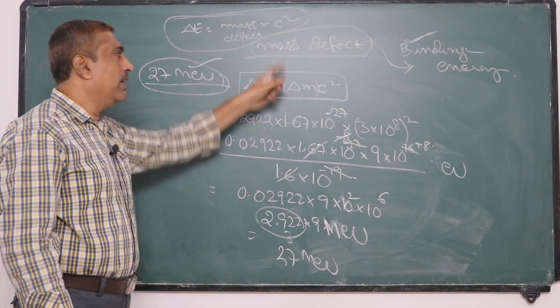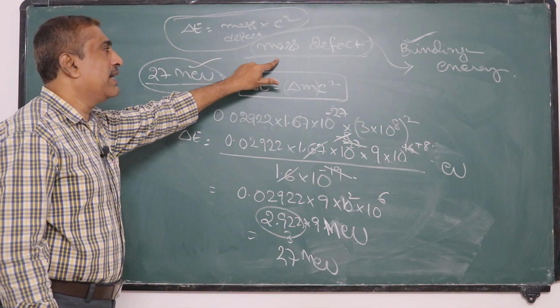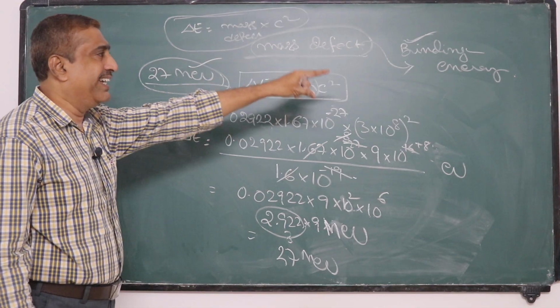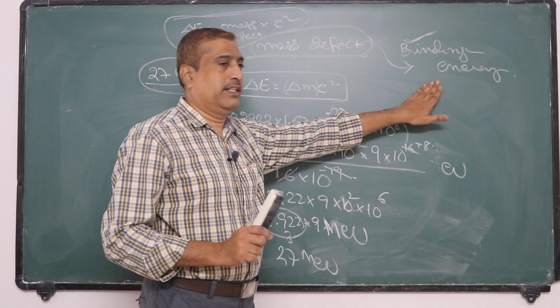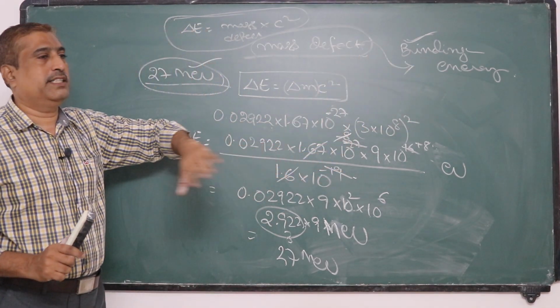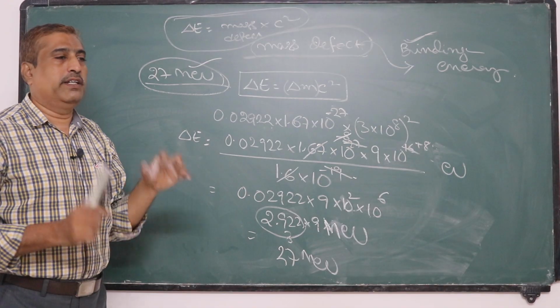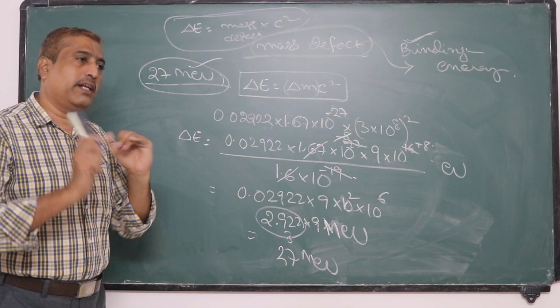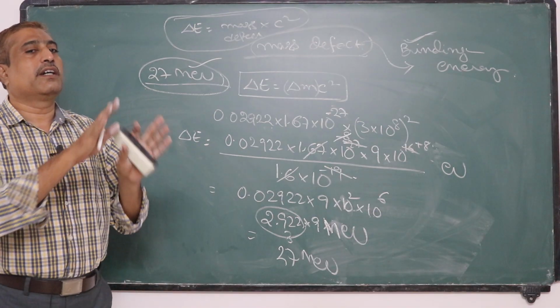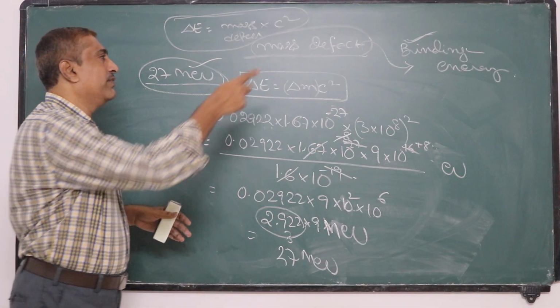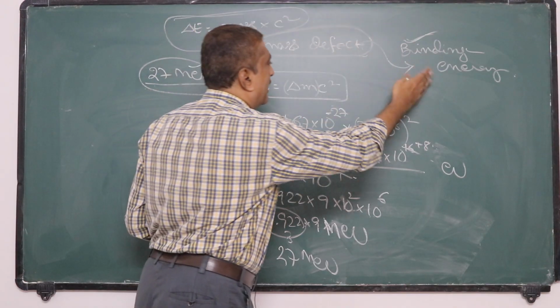This mass defect is converted into energy while forming a nucleus, and that energy is called binding energy. So binding energy is defined as the amount of energy released when a nucleus is formed, or the energy required to break the nucleus into its constituent nucleons. So this is binding energy and mass defect.